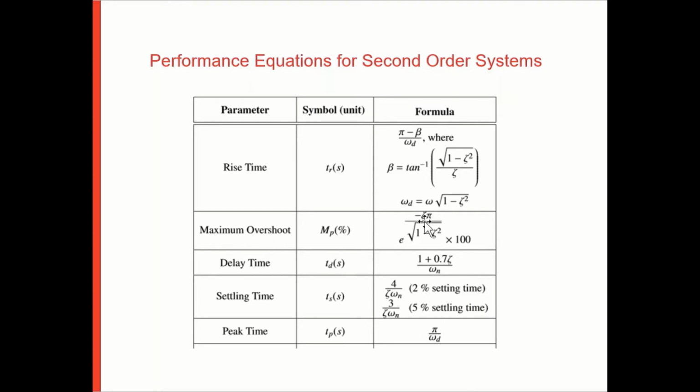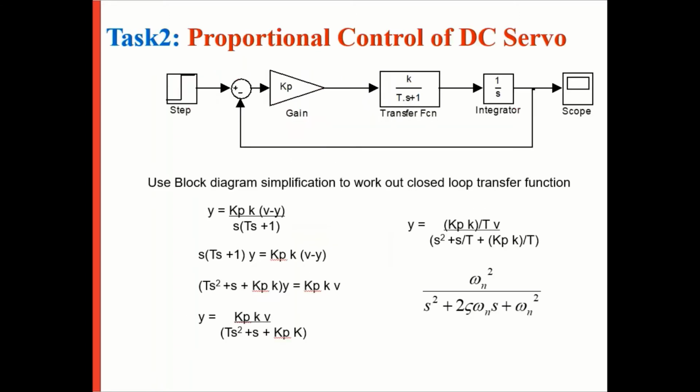Here we've got our omega d equation, which we met before, the peak overshoot equation here, and the peak time one here. There are a few extra ones in this, but these are your classic second order system response, and we're going to probably use this one to compute the peak overshoot as we go along, so I have to remember that one.